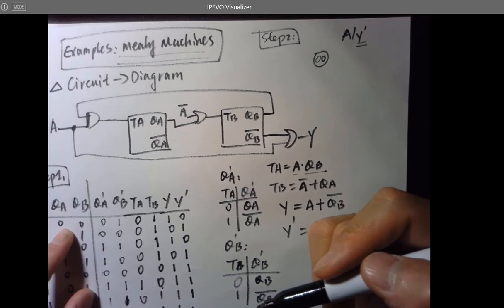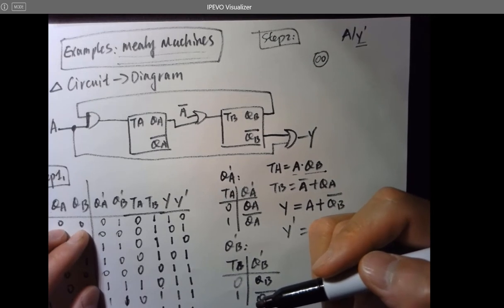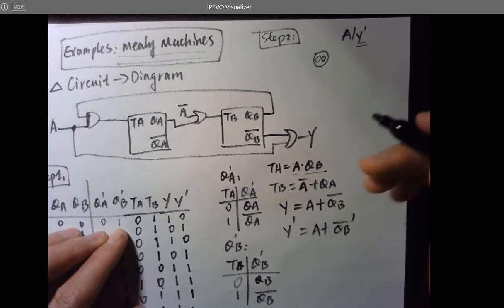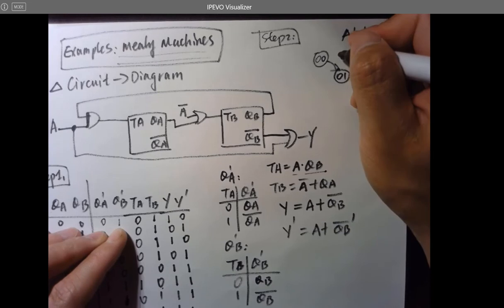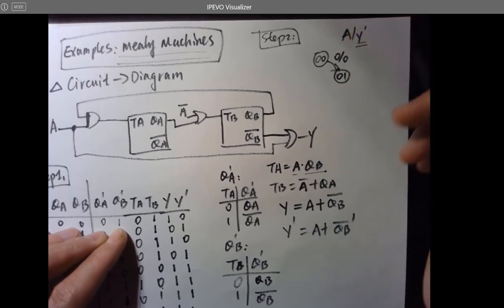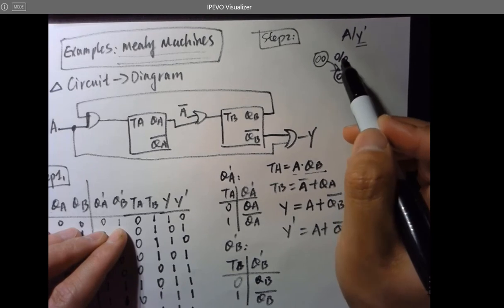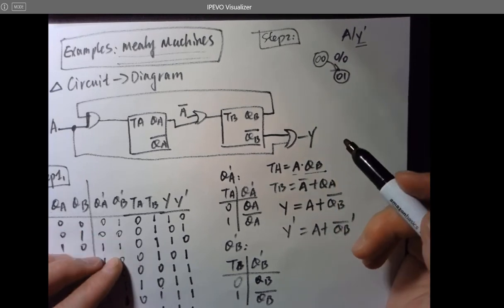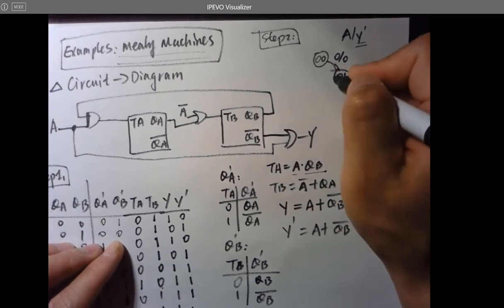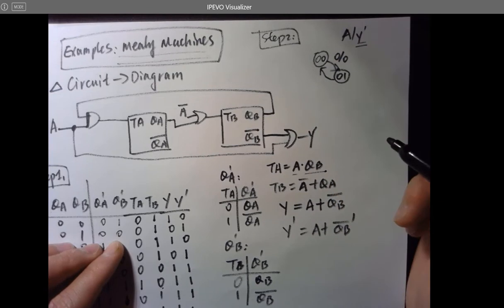So from 0, 0 to 0, 1. And you need A to be 0 and your y prime to be 0. Okay, this is how I'll do it. So that's A, y prime, A, y prime. So from 0, 0 to 0, 1. What about 0, 1 to 0, 0? Just transfer back.